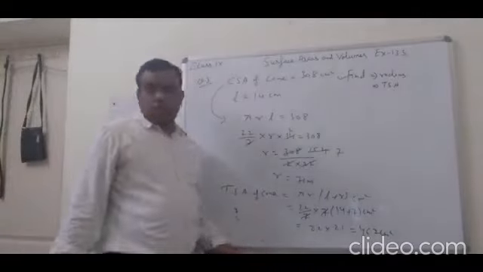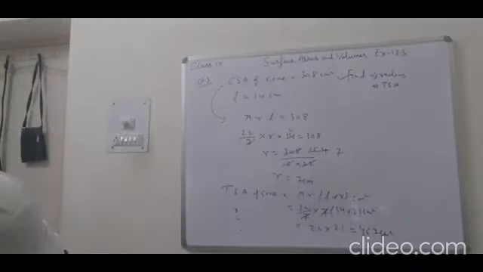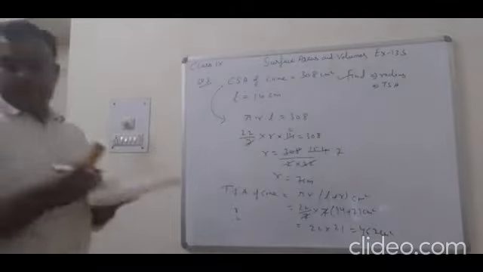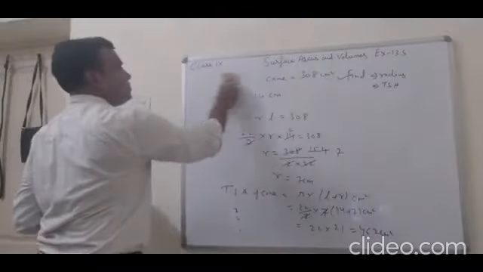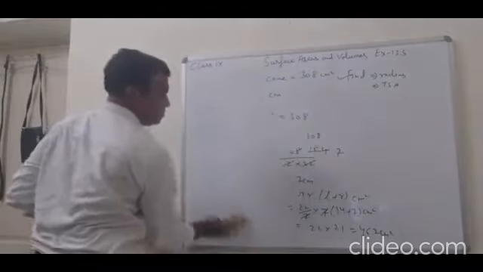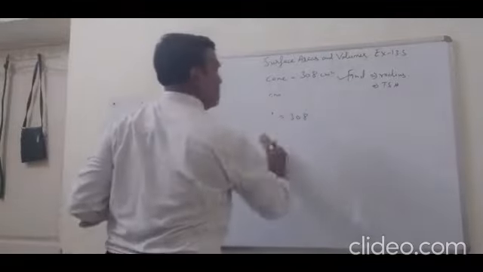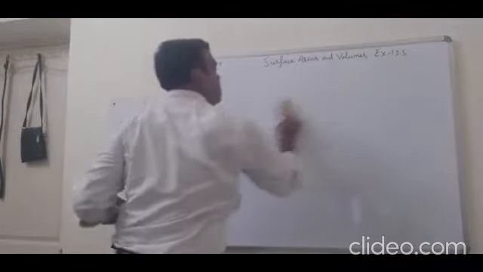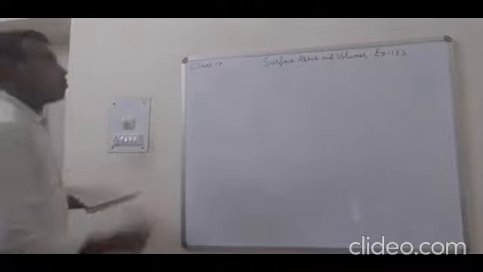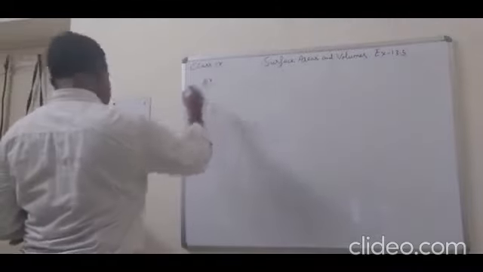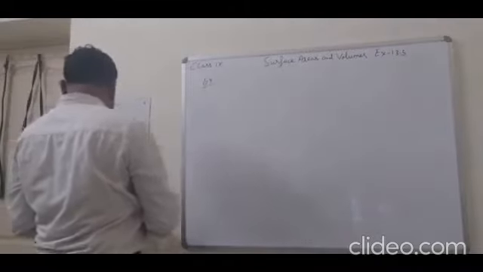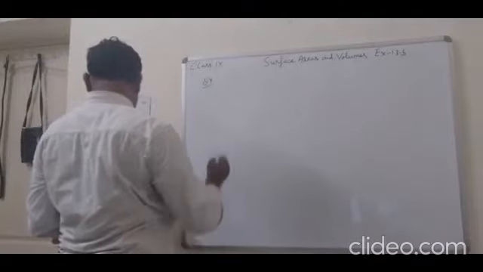Now, another question, the fourth. Question number 4. A conical tent has a height of 10 meter.